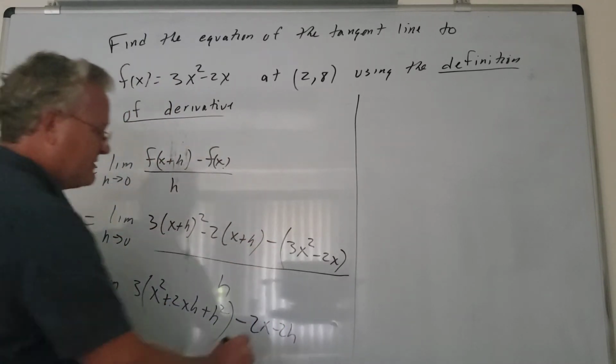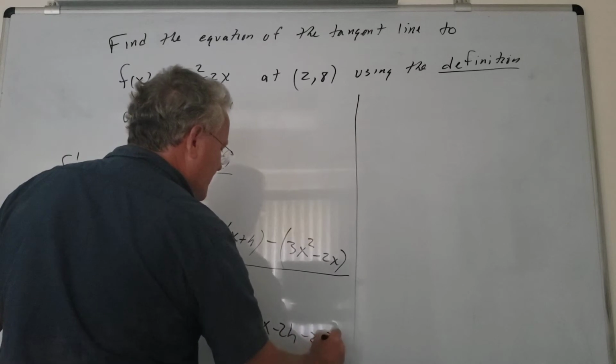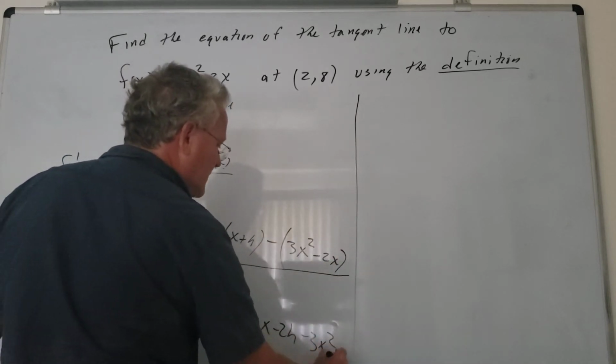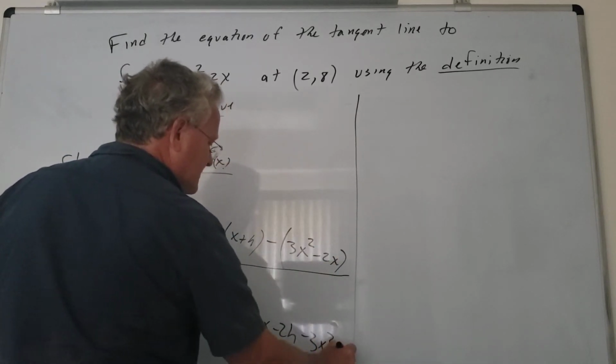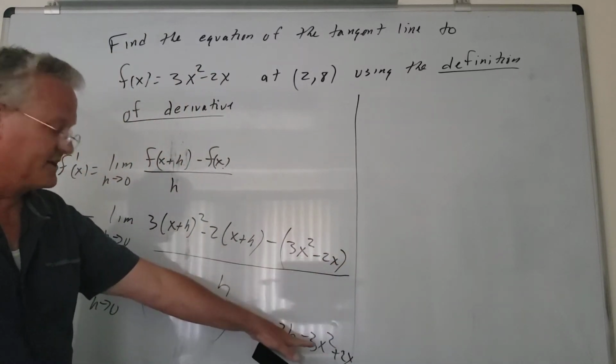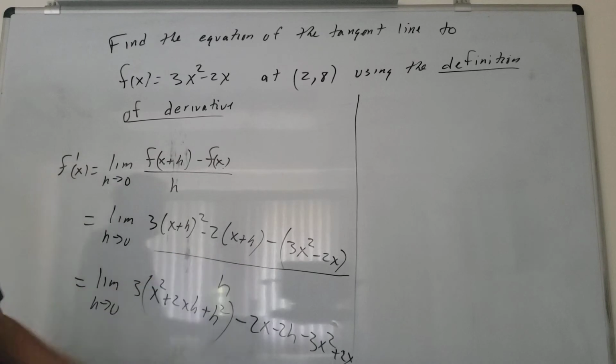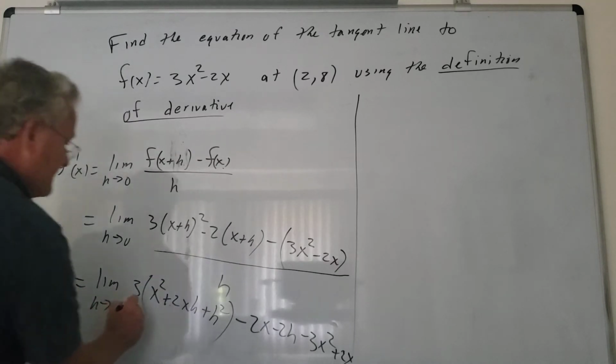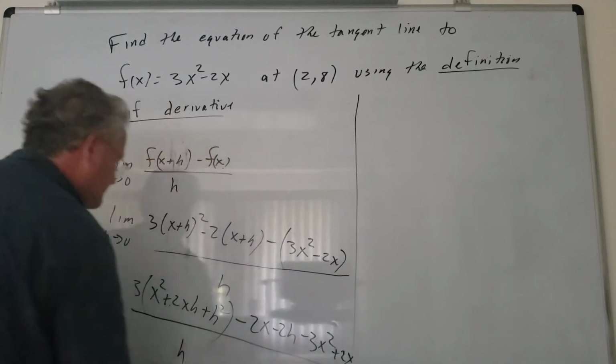Similarly, minus 3x squared, and then we get plus 2x. A lot of times students will forget the parentheses, and that negative won't turn into a plus, and you're going to have a mistake. And this is all over h.